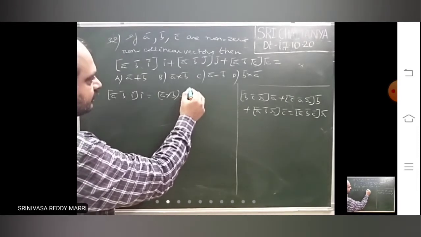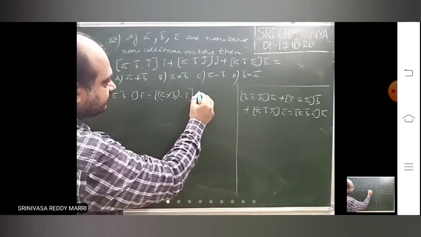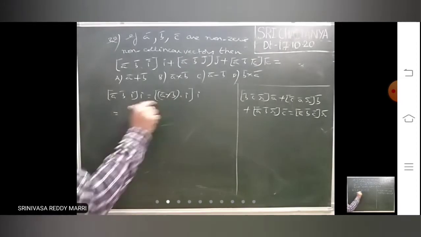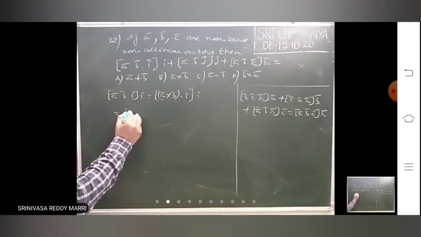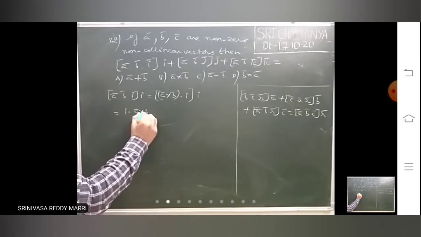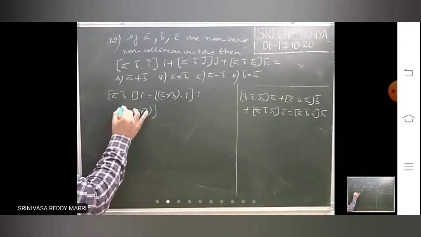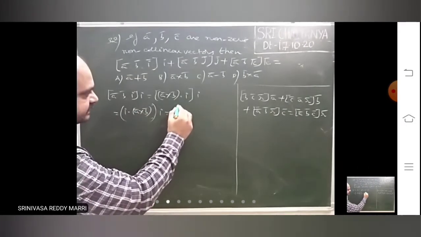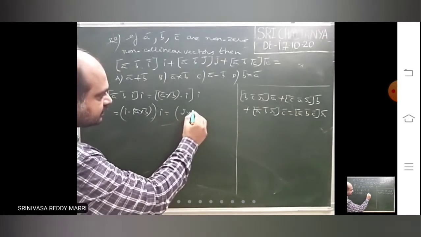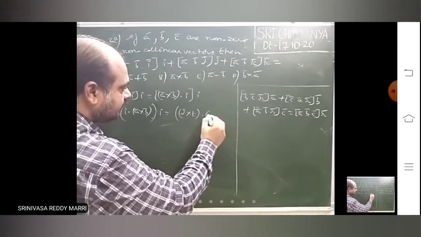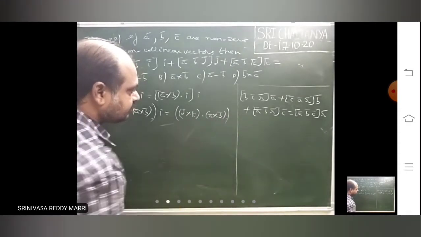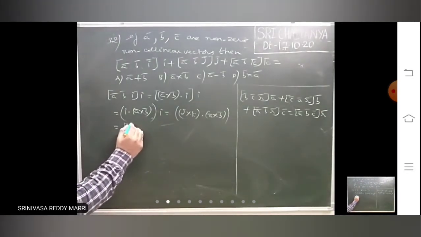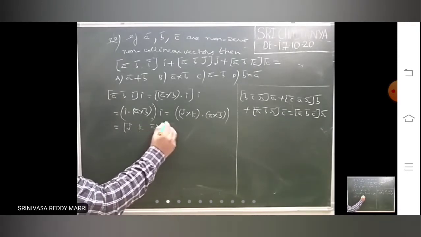Dot I bar into I. So A bar cross B bar dot I bar, scalar triple product written, that means I dot A cross B, I dot A cross B into I. That means I am writing I as J cross K dot A cross B. I is nothing but J cross K. That means this is nothing but box of J bar, K bar, A cross B.